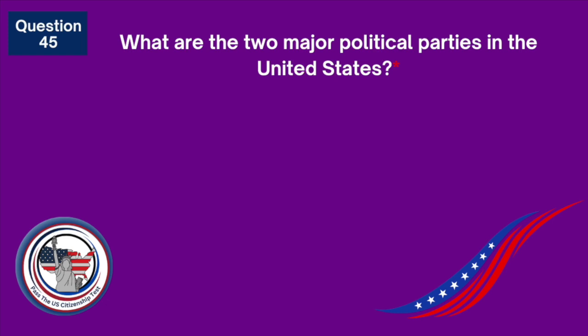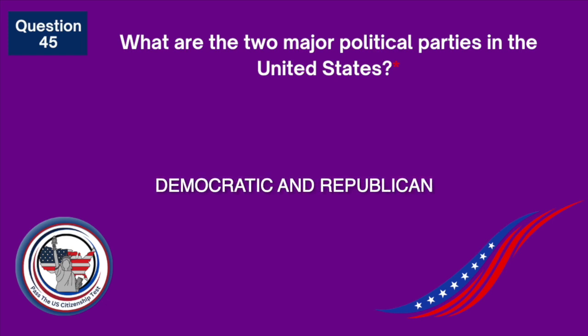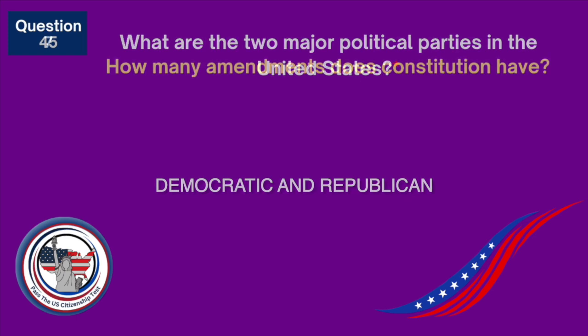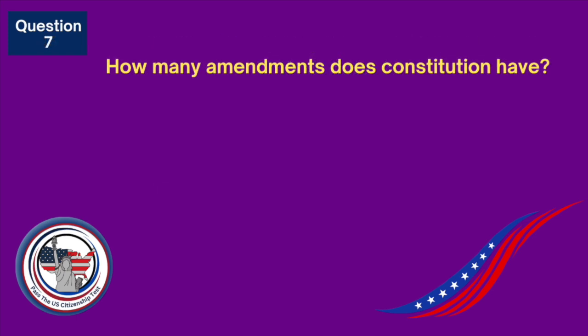What are the 2 major political parties in the United States? Democratic and Republican. How many amendments does the Constitution have? 27.